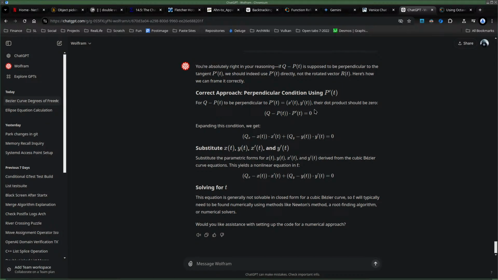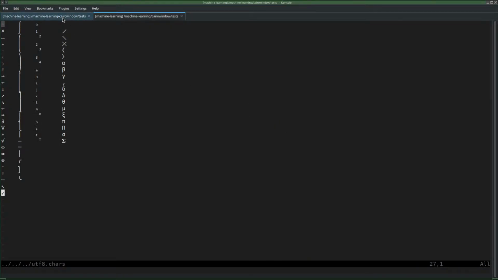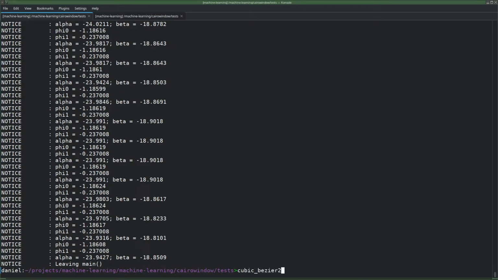Interesting question though. There must be multiple solutions for the t. How many solutions are possible? There must be a limit. Probably 3 at most, because it's a cubic equation. So if you have a look at this program again.